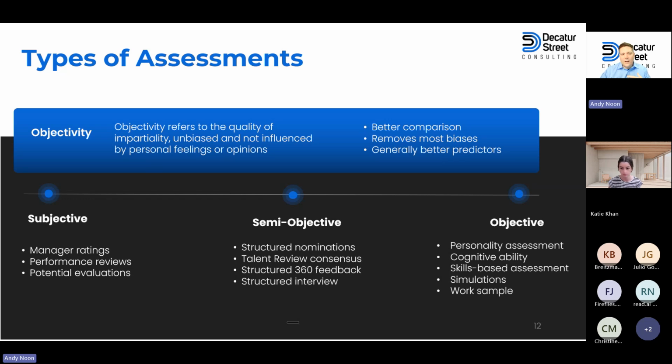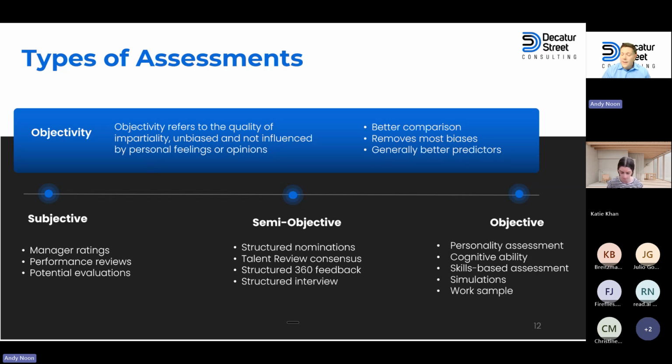The consensus meeting starts to bring a different level of objectivity, because then you can ensure that the managers are talking through the way in which everybody is assessing those characteristics. Just the manager assessment is super subjective. When you start to have consensus parts of that, it starts to bring in some more objectivity.